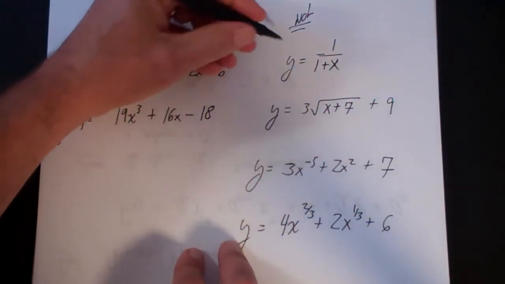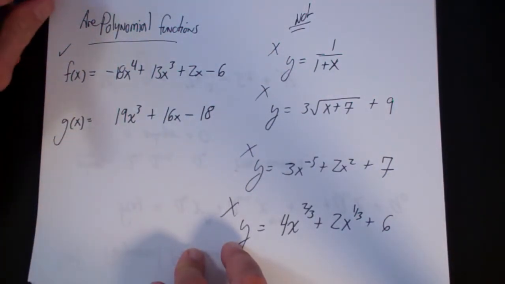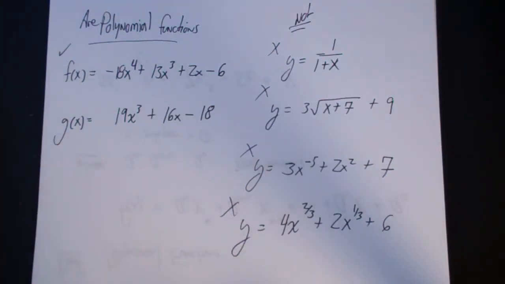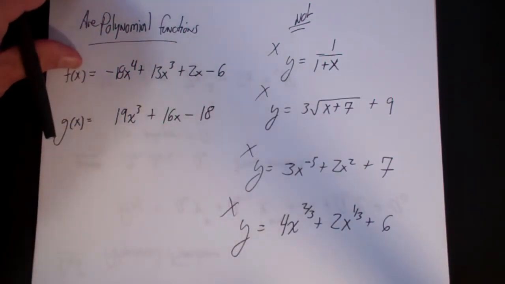So all of those are examples of not polynomial functions, and these are polynomial functions. The key to polynomial functions is that they have certain regularities about them. In particular, the graphs of polynomial functions have certain regularities, and that's what we're going to look at next.